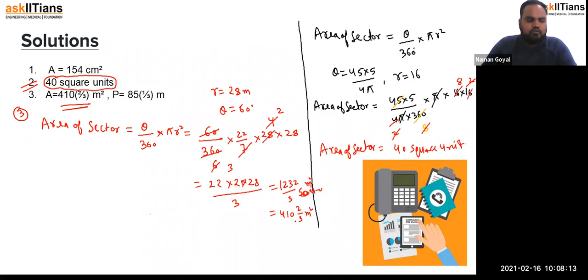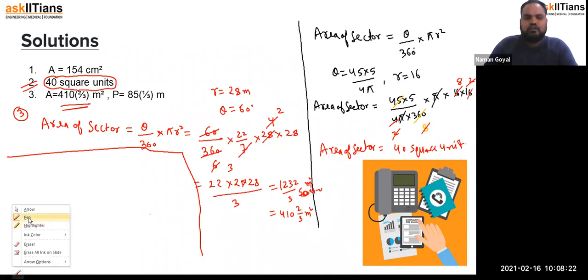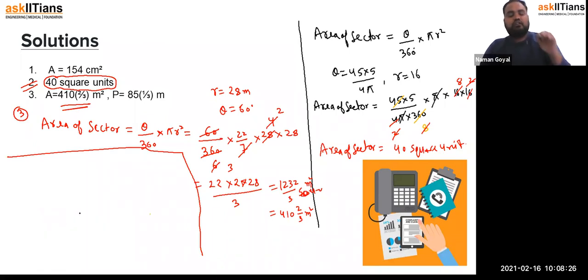We got this one. Now the question is asking for the perimeter of that sector. So for the perimeter of that sector, what we want to do is first find the value of the length of the arc.